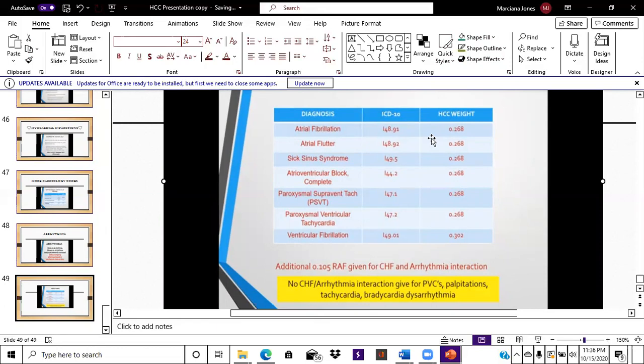When you see atrioventricular block, you might see AV block, it's the same thing. Then you have your PSVT, paroxysmal ventricular tachycardia, and then you have your ventricular fibrillation. An additional 0.105 RAF is given for congestive heart failure and arrhythmia interaction.